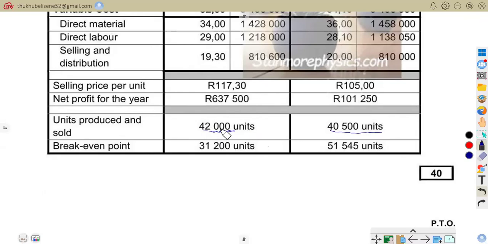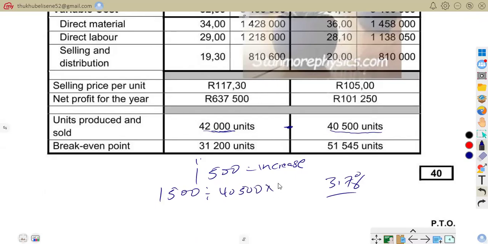So 42,000 minus 40,500 gives an increase of 1,500. In percentage, that is 1,500 divided by 40,500 times 100, which equals 3.7%.